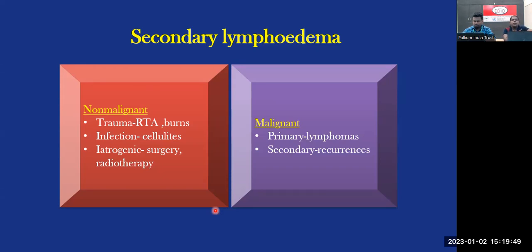I am a risk person to develop lymphedema because my lymphatic capillaries are working well, but from the lymphatic capillaries it goes to the lymphatic vessels, and the lymphatic fluid will come up till my axilla.